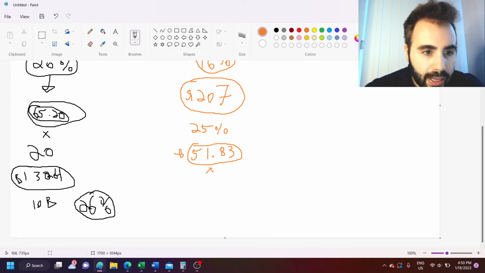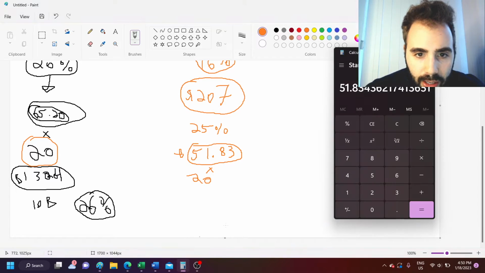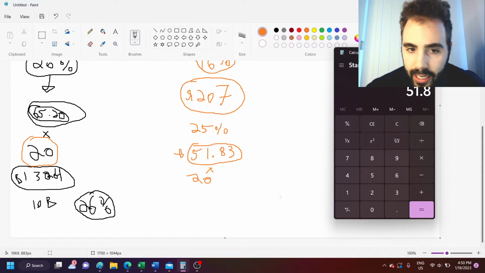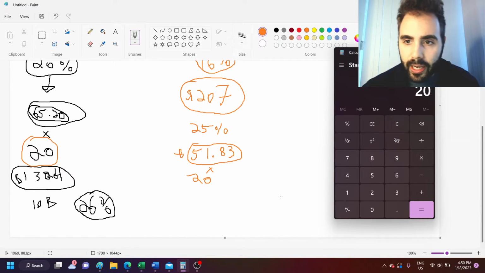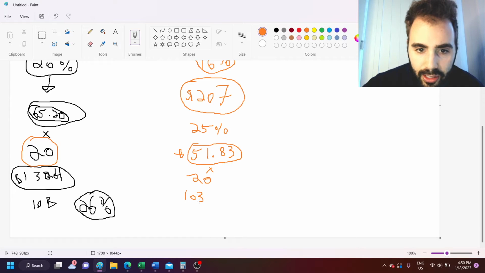We now multiply this by the same multiple we used here of 20 to give us a future target price. 51.83 times 20 will give us $1,037 per share.